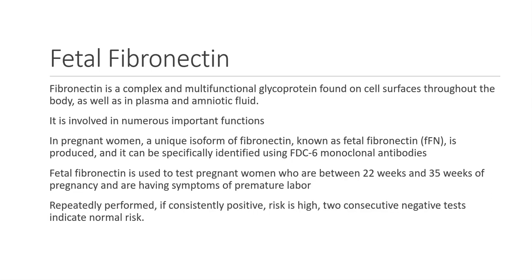The fetal fibronectin test is used to test pregnant women who are between 22 and 35 weeks of pregnancy and are having symptoms of premature labor. I want you to know this. It's performed repeatedly, and if it's consistently positive, the risk of premature labor is high. If you get 2 or more consecutive negative tests, this indicates a normal risk.